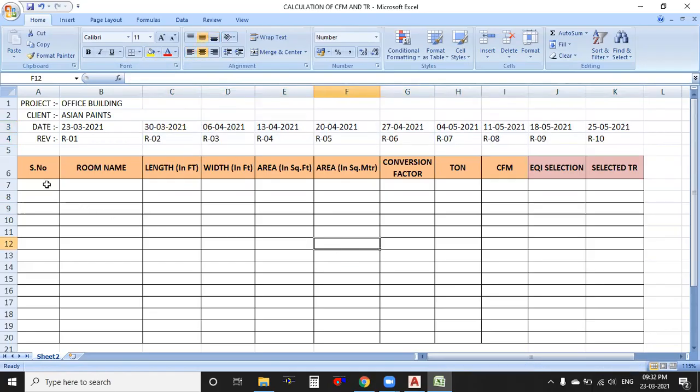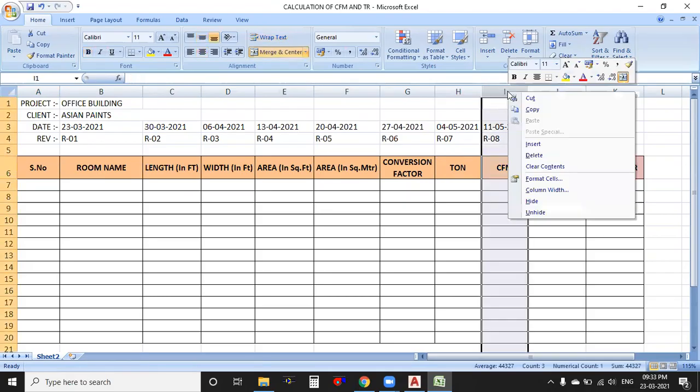Now see here in this Excel file: SN means serial number, room name, length in feet, width in feet, area in square feet, area in square meter, conversion factor, ton.